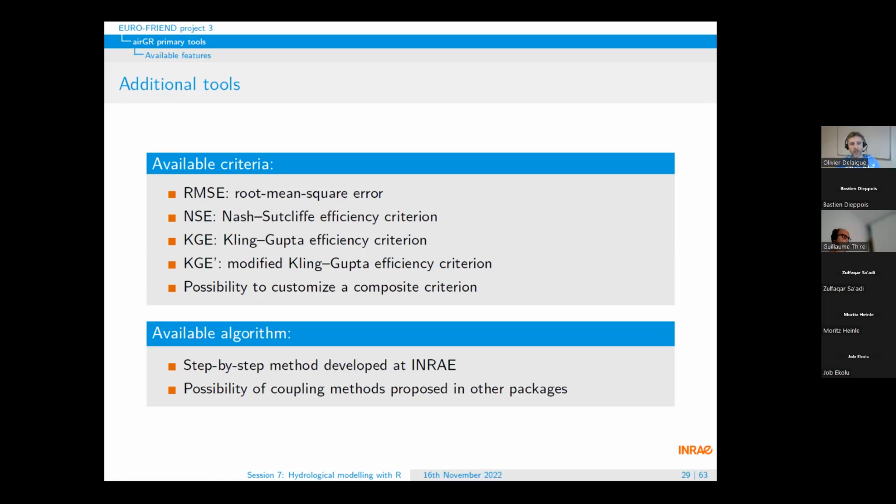We give with the package an algorithm to calibrate the model. It's a step-by-step method developed at INRAE, but it's also possible to couple some other methods such as MCMC and so on.